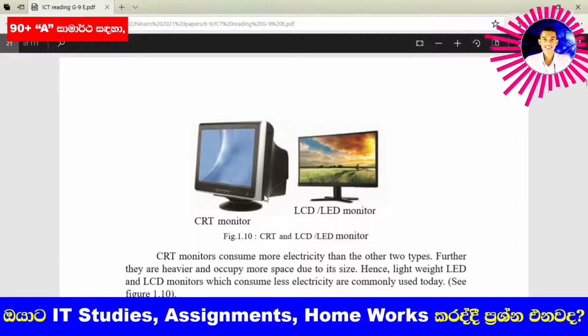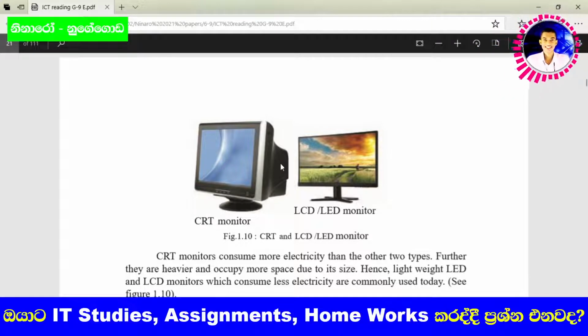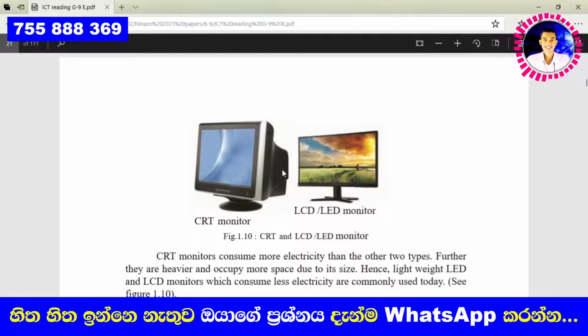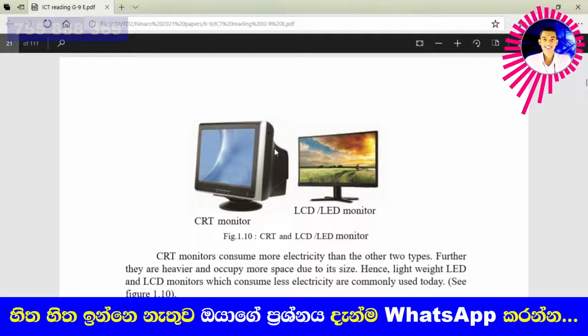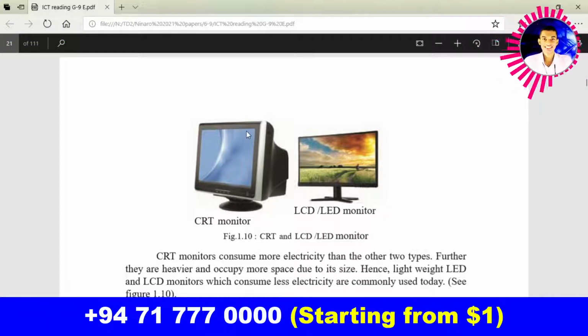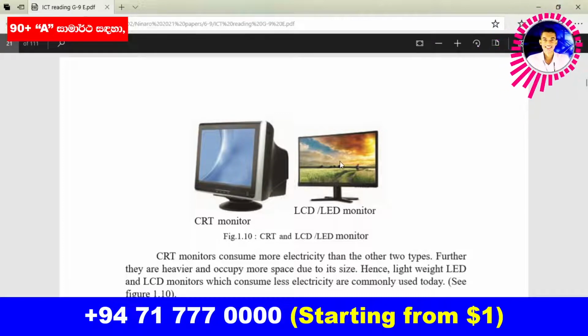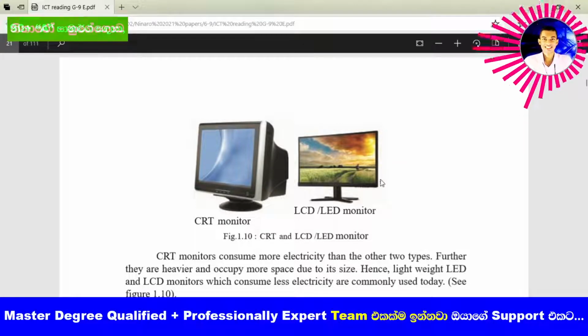In CRT monitors we can see a large width because it must include the cathode ray gun inside the monitor. Therefore, the normal size of a CRT monitor is large and it is much heavier than LCD monitors. These are flat devices, and we can buy them according to our requirement with light weight.